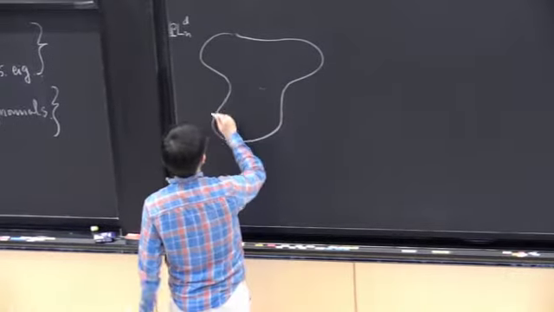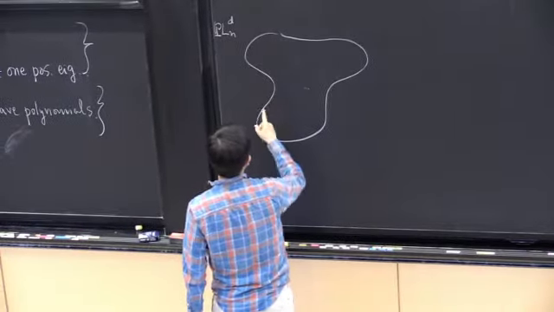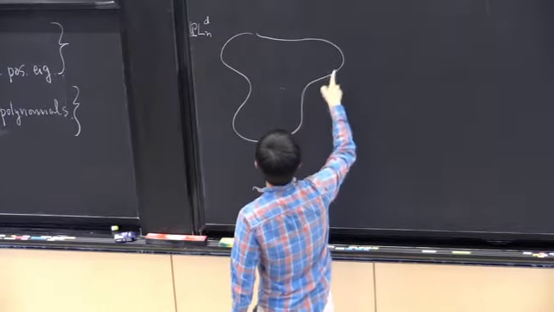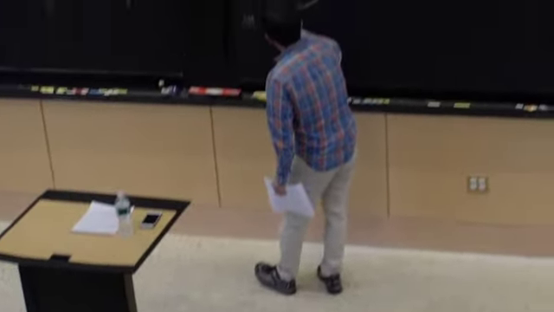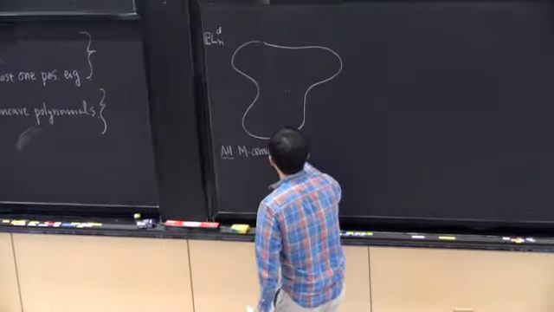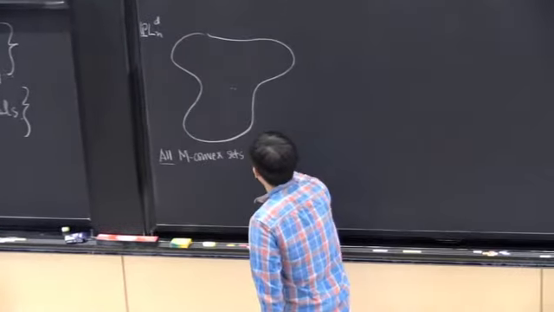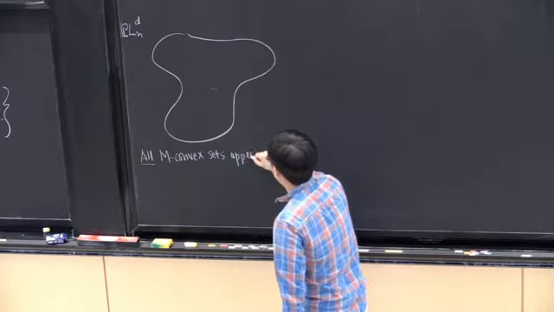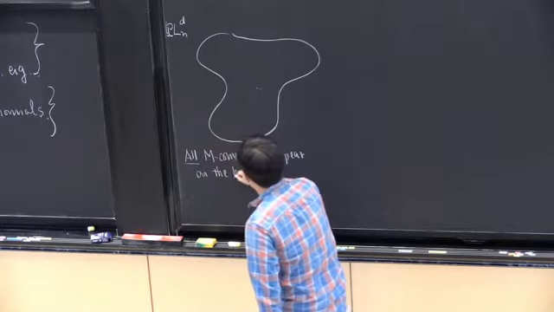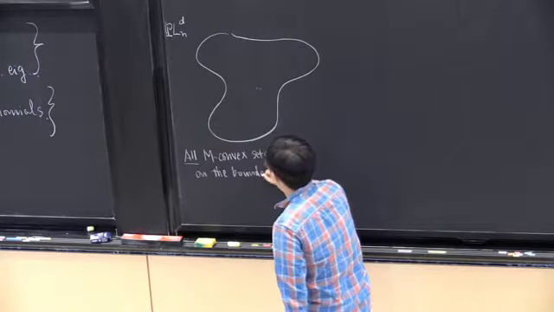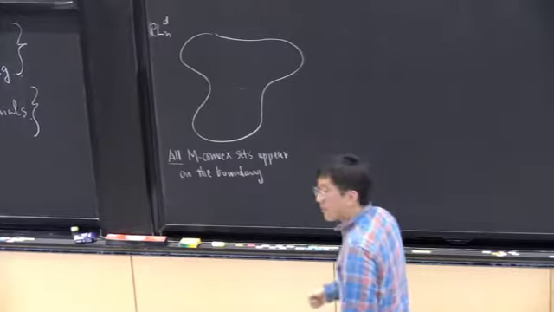On the boundary, you see many different types of supports of your polynomials, and you've seen that all M-convex sets appear on the boundary for given d and n.